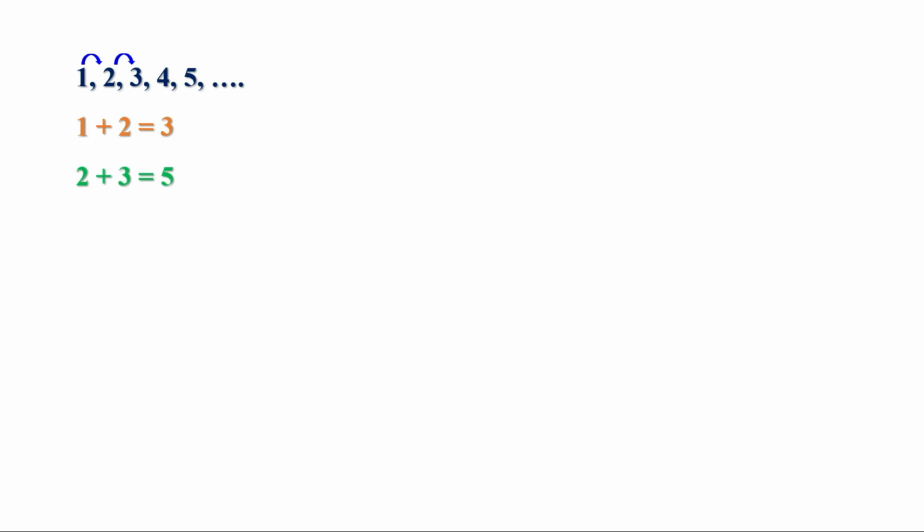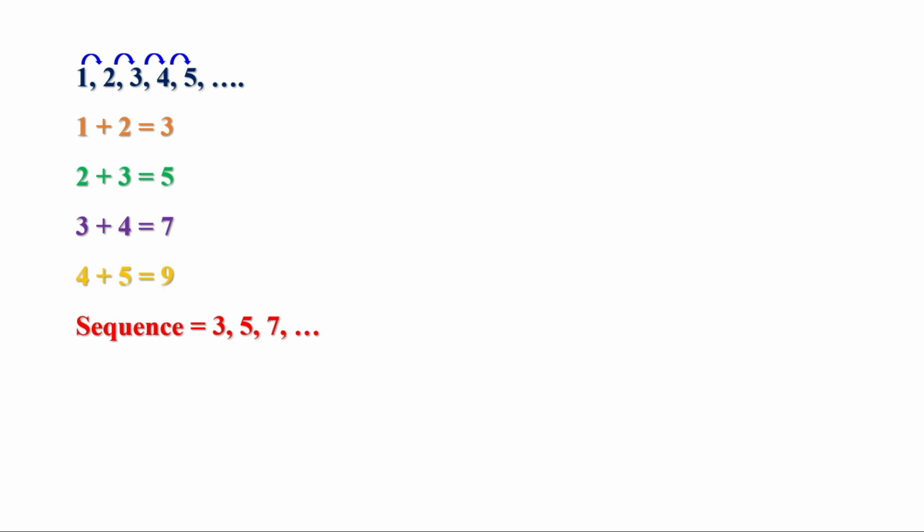What is their sum? 5. Again take the next two consecutive terms, that is 3 and 4, and their sum is 7. Similarly, the sum of the next two consecutive terms is 9. Now the sequence is 3, 5, 7, 9, etc.